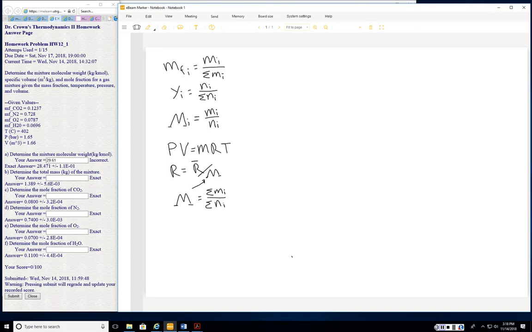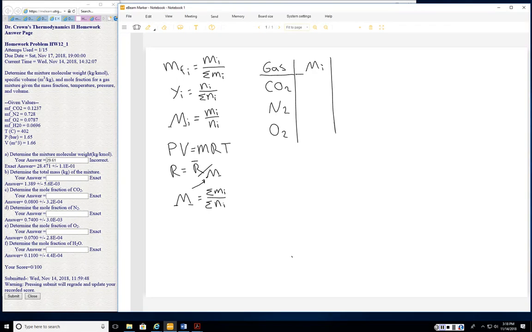And in this problem, we have different gases. The gases are CO2. The second gas listed is N2 and O2. One of the things we're going to need, if we look in the tables, we'll find molecular weights for each of these.